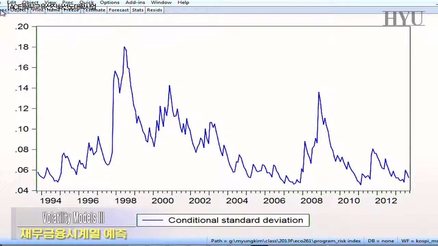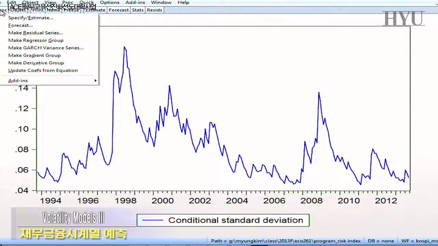It's right here, proc. And here, make Garch variance series, right? So it's saving sigma t squared using monthly data, okay? Sigma t squared using monthly data, so inside is the square root sign.